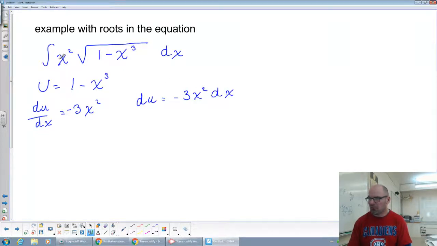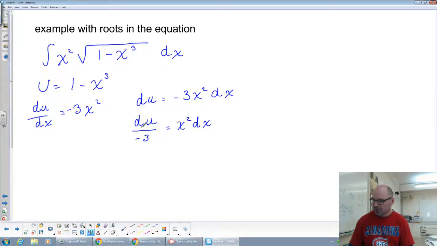Okay, we don't have negative 3x squared, we have x squared only. So if we want to convert it to a positive x squared dx, we have to manipulate it so that du over negative 3 would equal x squared dx.